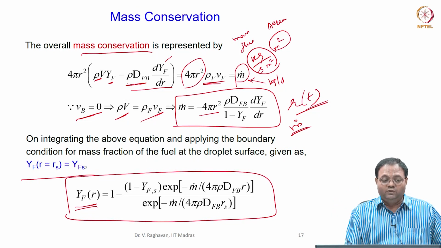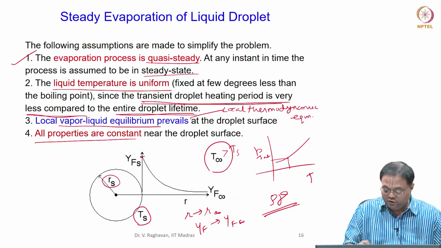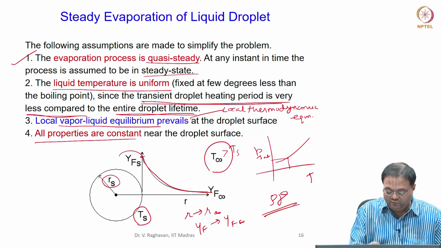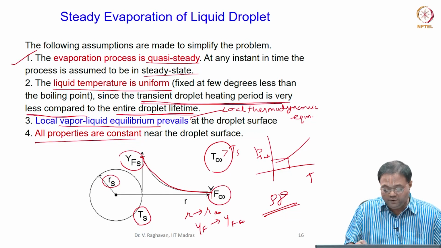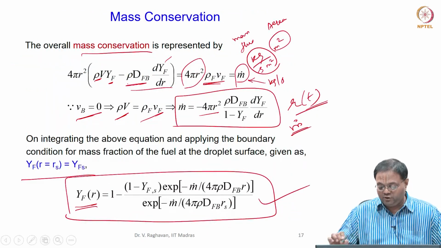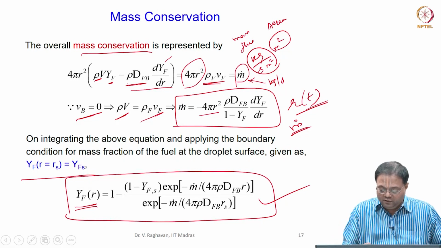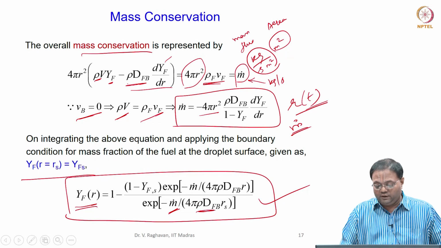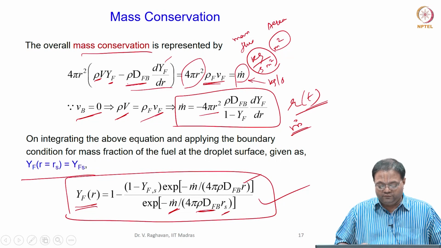I am trying to plot this variation of Yfs to Yf infinity, given by this expression, where the mass flow rate of the vapor is constant and rho dB is taken constant.